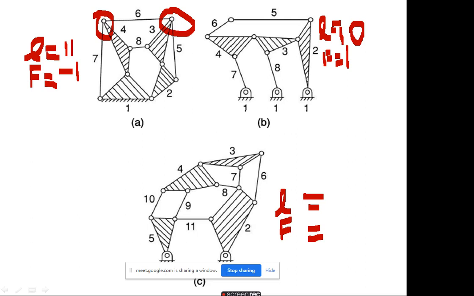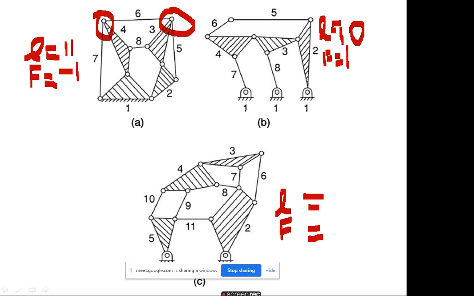Okay. Third figure, has anyone done it? 4, sir. Yes, how many? No, not 4. 3, sir. No, not 3. Yes? No one? 0, sir. Yes, 0 is the correct answer. Okay. So let us count the number of joints. 1, 2, 3, 4, 5, 6, 7, 8, 9, 10, 11, 12, 13. So by counting here we get 13, and let us count the joints with more than 2 links at a point.